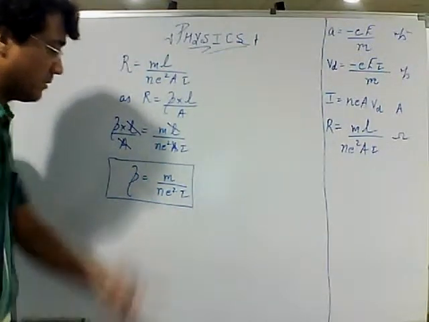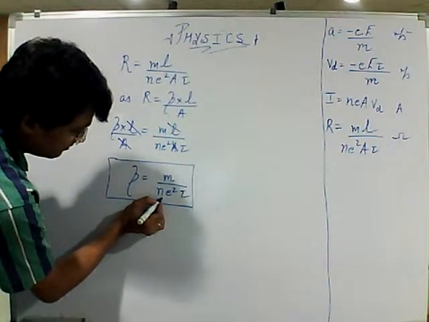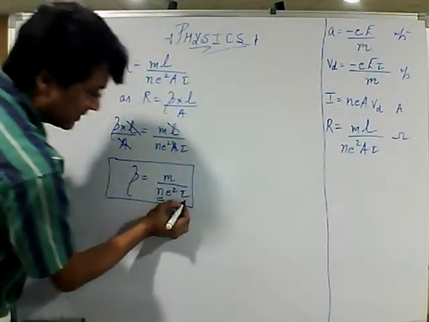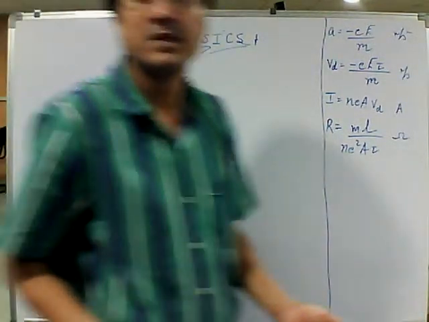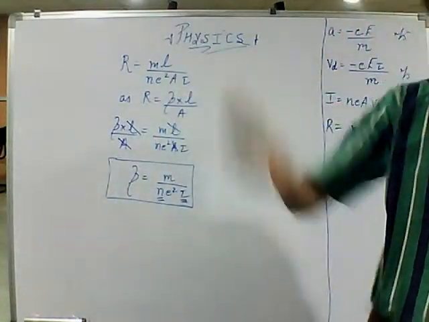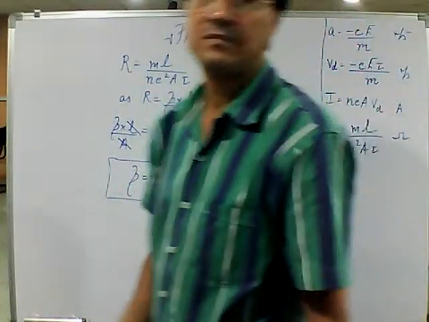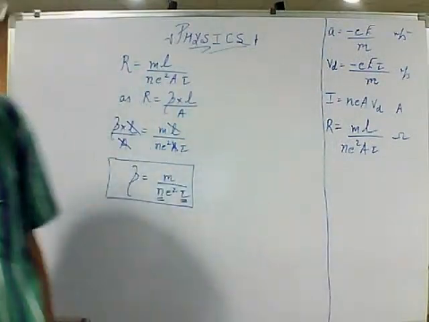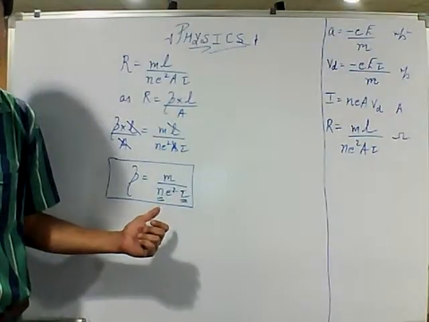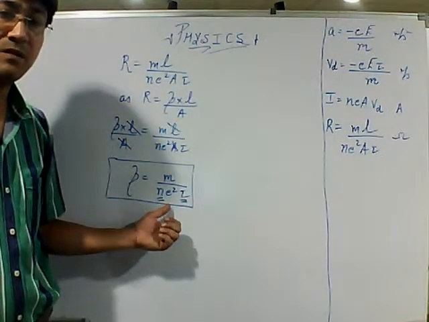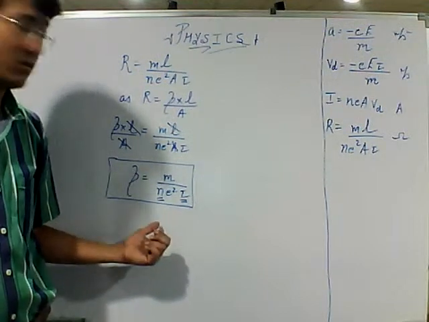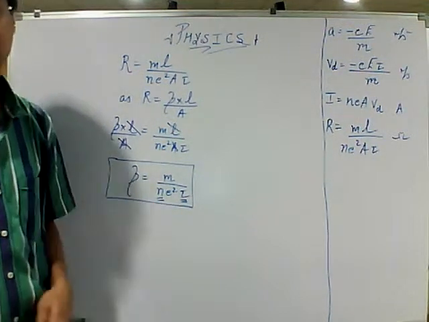It is only and only depending upon two factors: the number of electrons per unit volume, or the electron density, and the relaxation time tau.